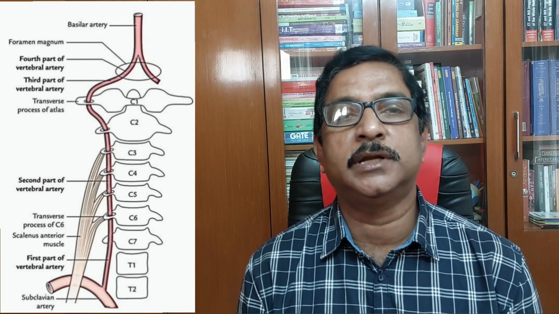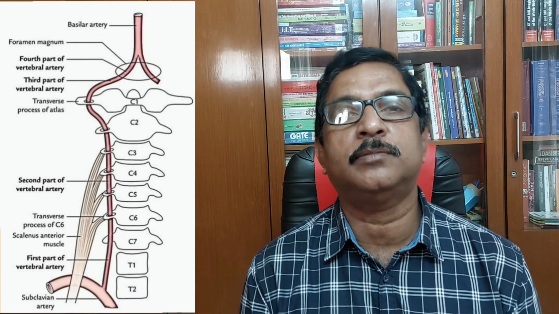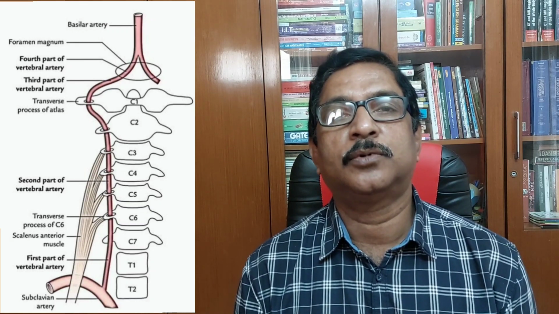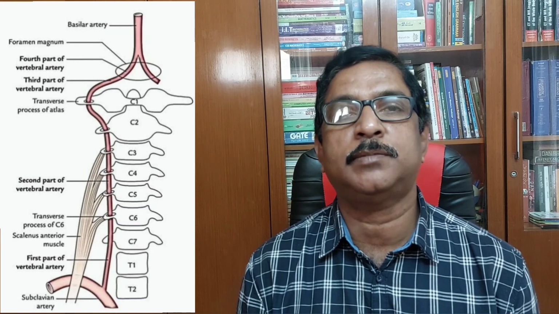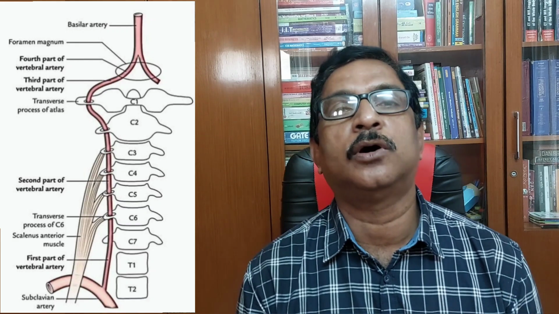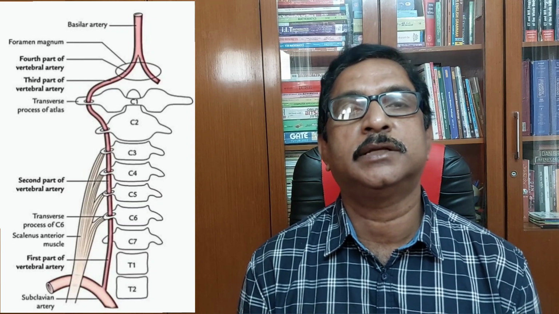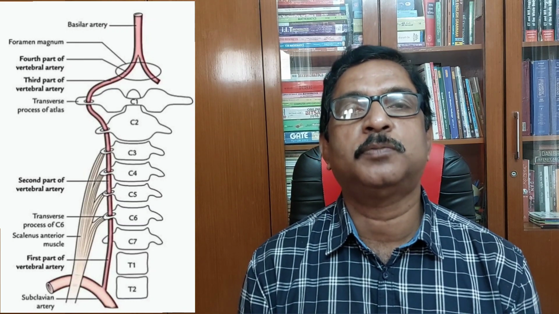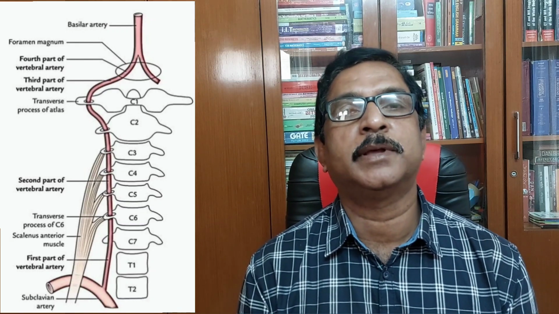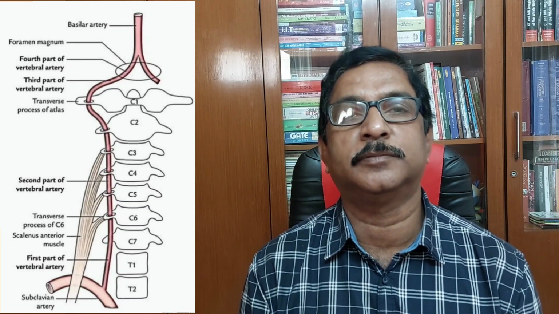So from its origin up to the foramen transversarium of the 6th cervical vertebra is the first part. Then from the foramen transversarium of the 6th cervical vertebra up to the foramen transversarium of the 1st cervical vertebra is the second part. This part is accompanied by the vertebral vein and the sympathetic nerve plexus around the artery.